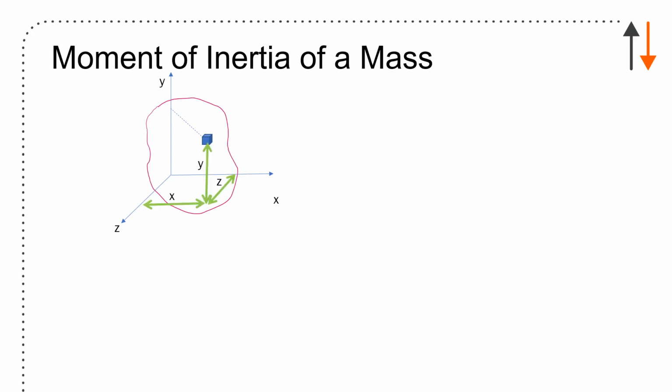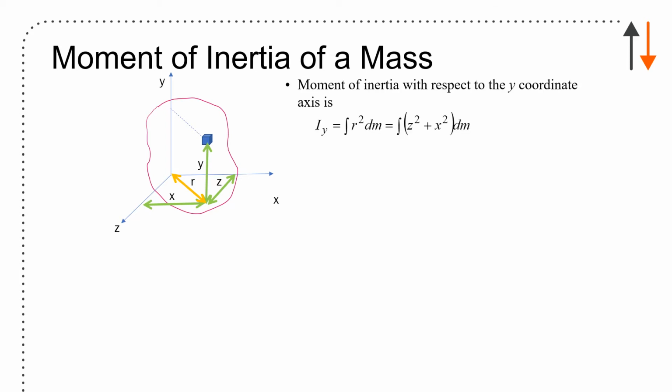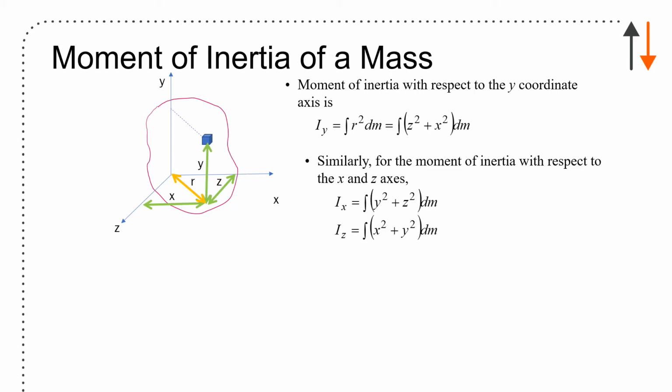Along with this axis, I've got x, y, and z here. Distance here is x, distance here is z, distance here is y. And the distance from that origin is a total distance of r. So it's just the square along the xz axis. If I'm looking about the integration about y, the perpendicular distance is going to be r squared dm, or z squared plus x squared dm. And for the other two, it's going to be y squared plus z squared, or x squared plus y squared. And then you integrate over all of those distances.